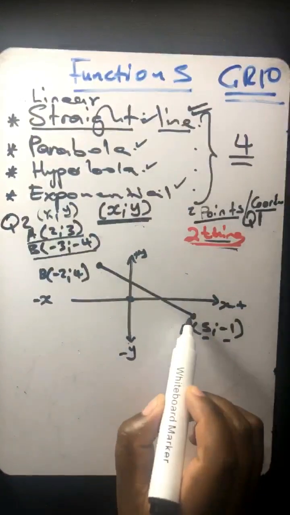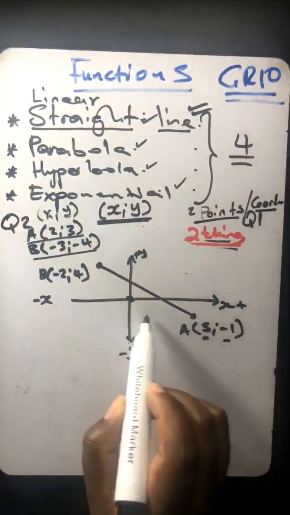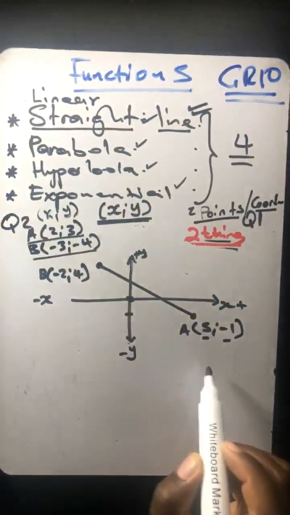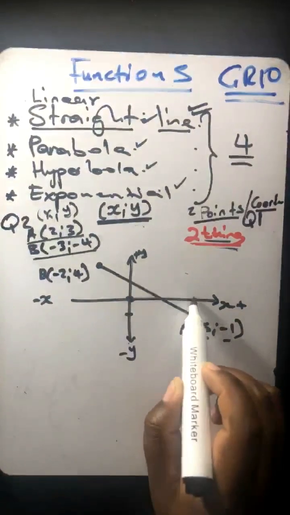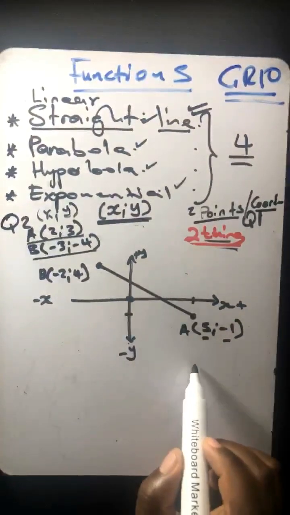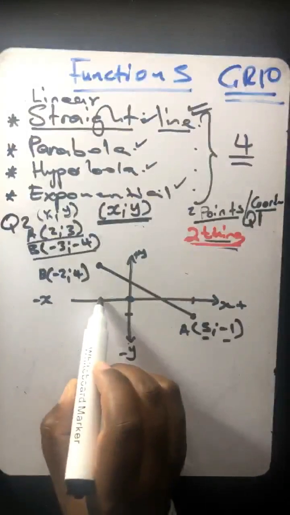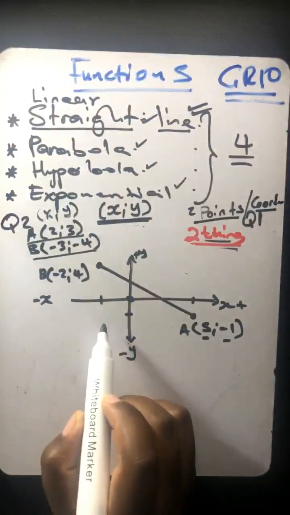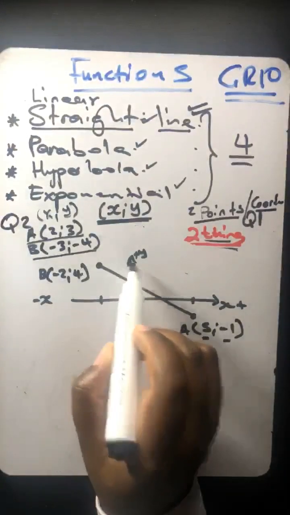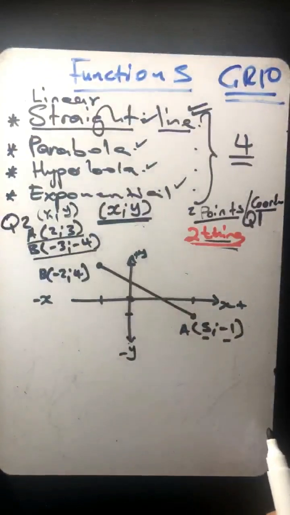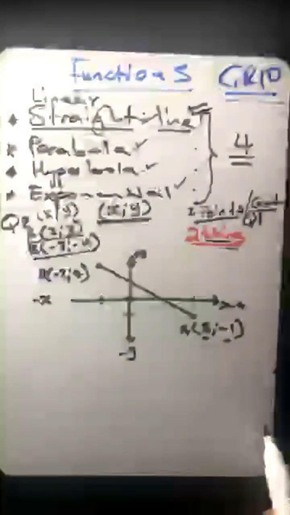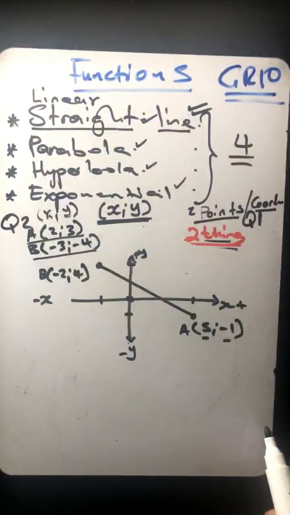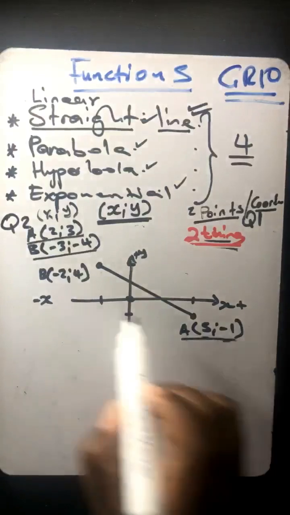You just know that this negative y refers to that y there, and this 5 refers to that. And on this side, that x of -2 refers to that -2 there, and then +4 refers to that 4 there. So what could be confusing to you as a grade 10 learner is not being able to interpret this given information.